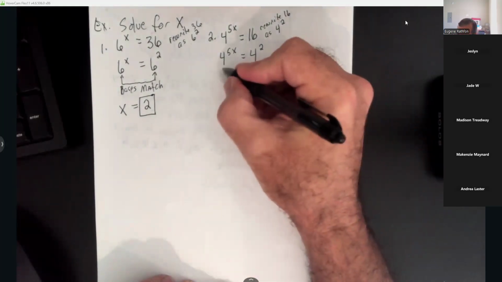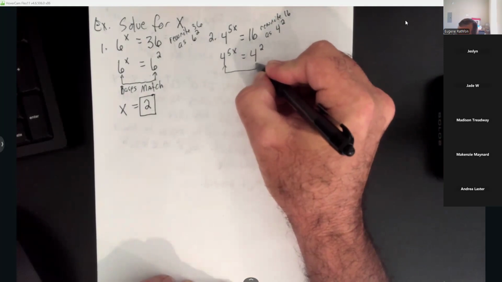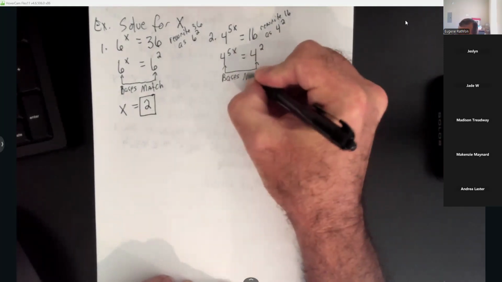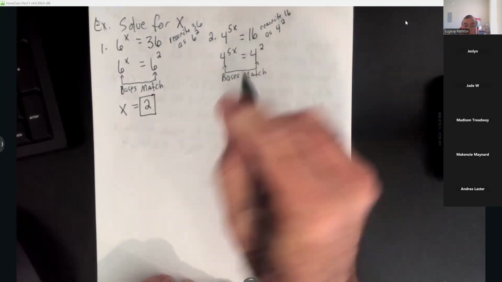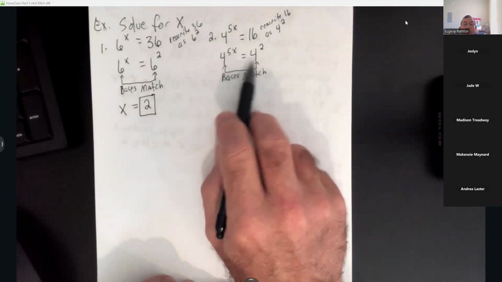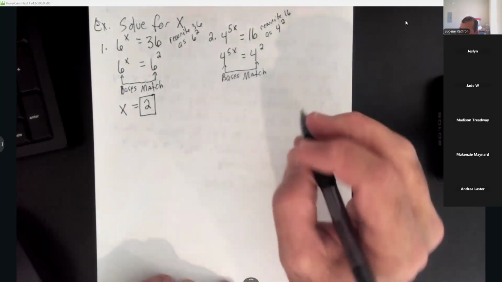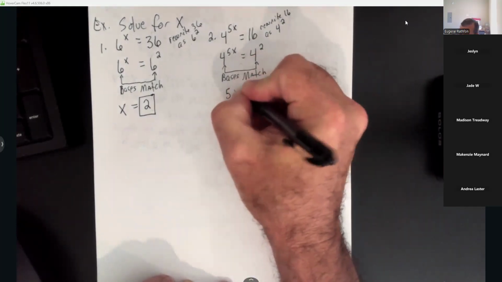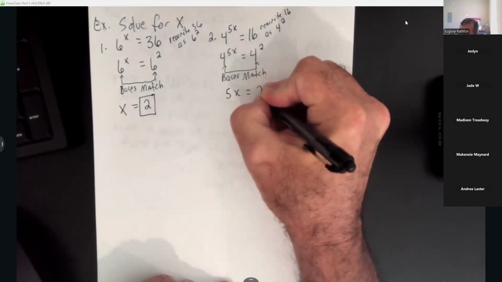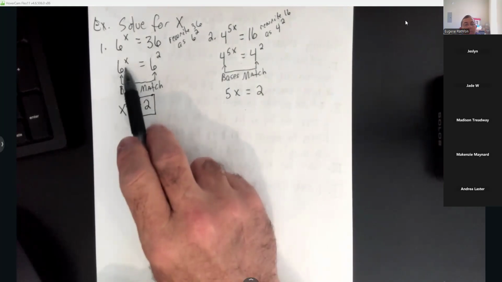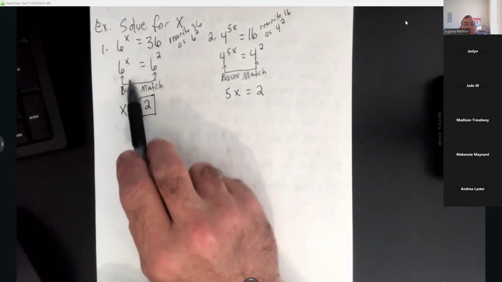So notice the bases match again. Since we got our bases to match, that means the exponents have to be equal. So 5x has to equal 2.